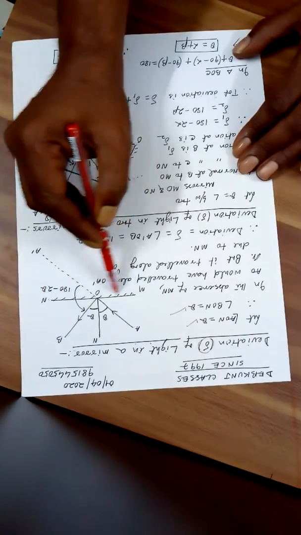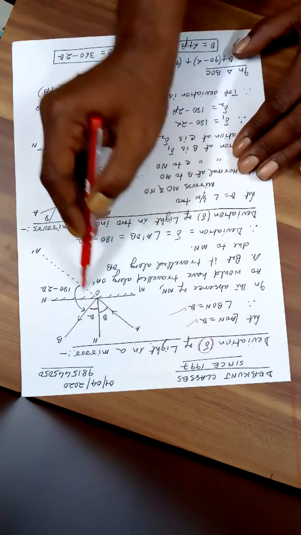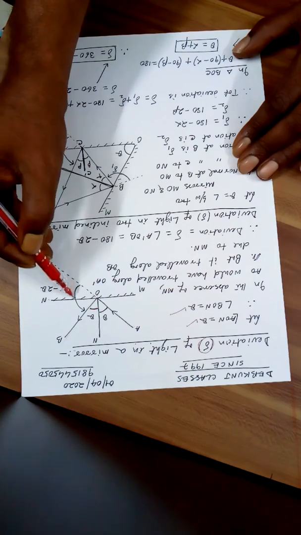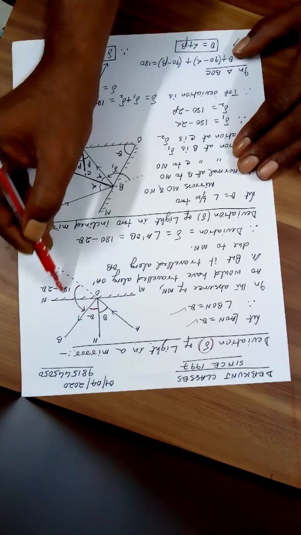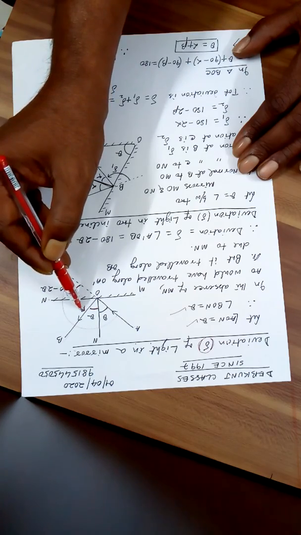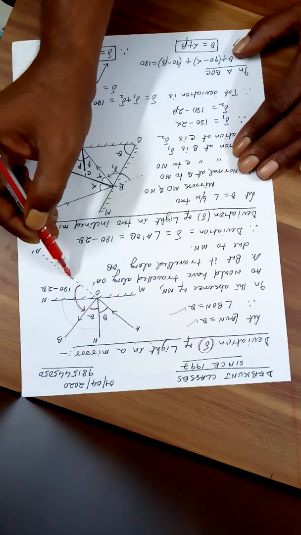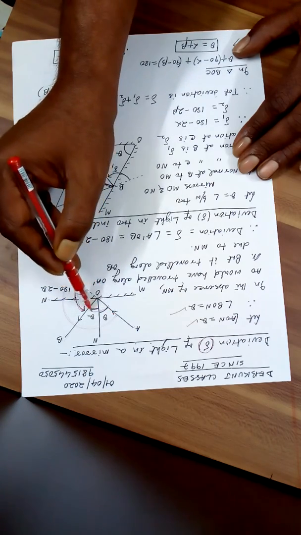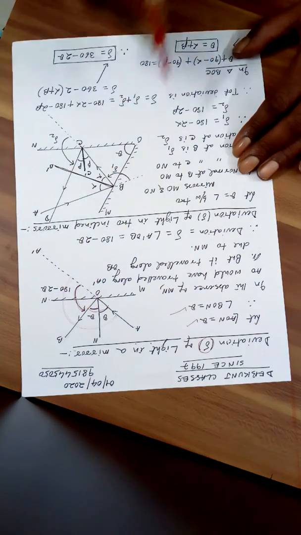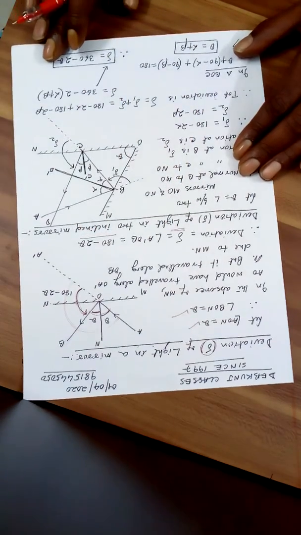But because of the mirror, it is traveling in this direction. So from the original path, it has bent by this much. This whole angle is 180. So the deviation is 180 minus this, that is 2 theta. So the deviation in a single mirror is 180 minus 2 theta.